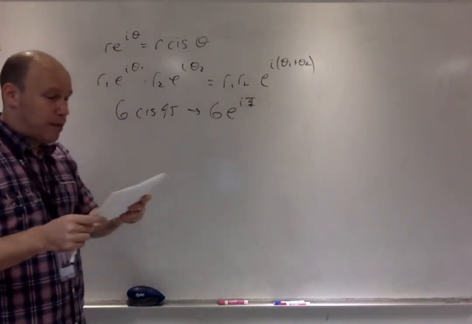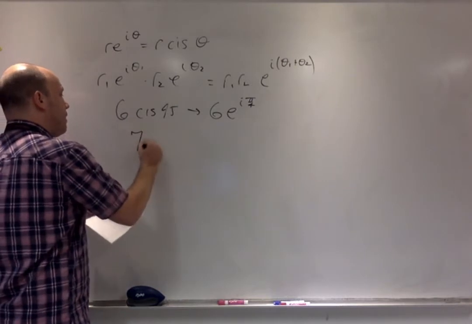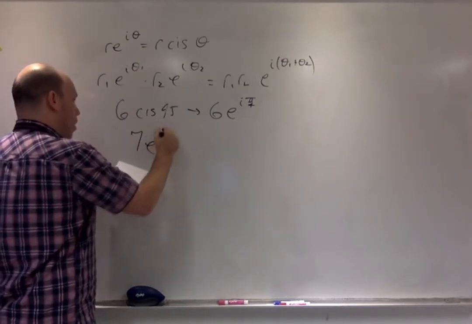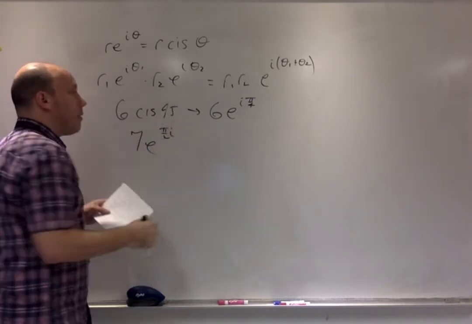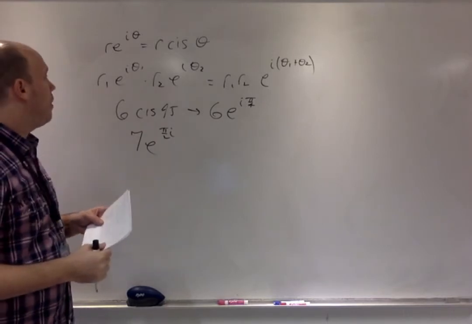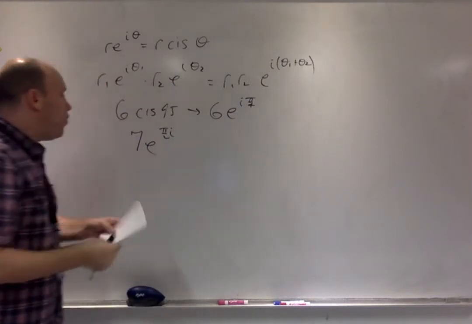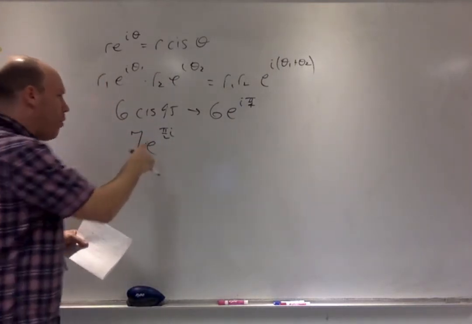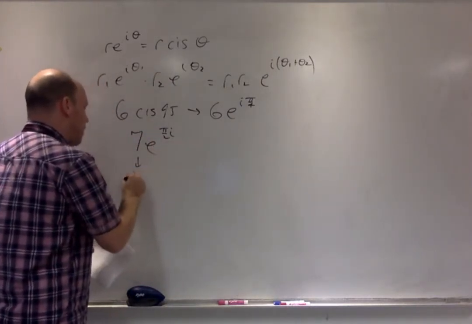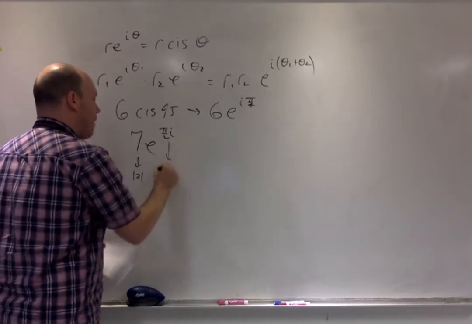Or for example, if I see 7e to the pi over 2 i, the order doesn't matter. If you see this, you go, wait a minute, that's the modulus, that's the argument.